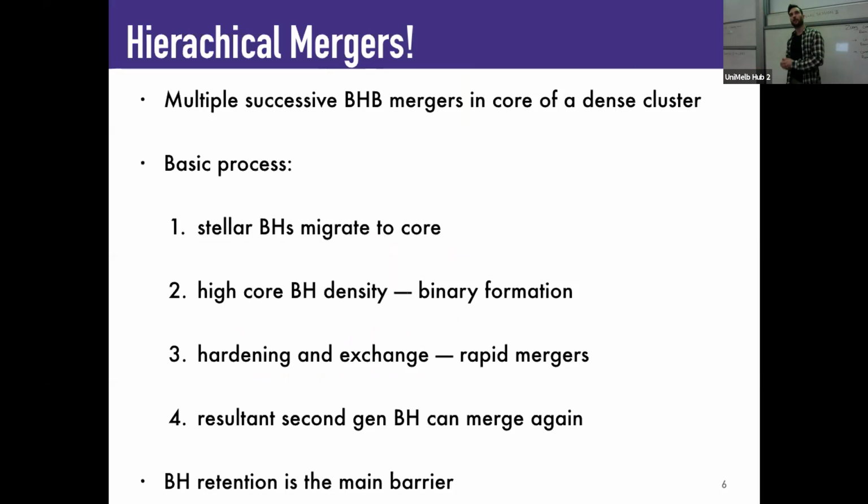Then you form this dense inner core of compact bodies that leads to binary formation. Again, due to these high densities, you get a lot of close encounters, which can lead to things like three-body hardening and dynamical exchanges, the result of which means that you can get quite rapid mergers of binaries, a lot more rapid than you would get purely from gravitational wave emission.